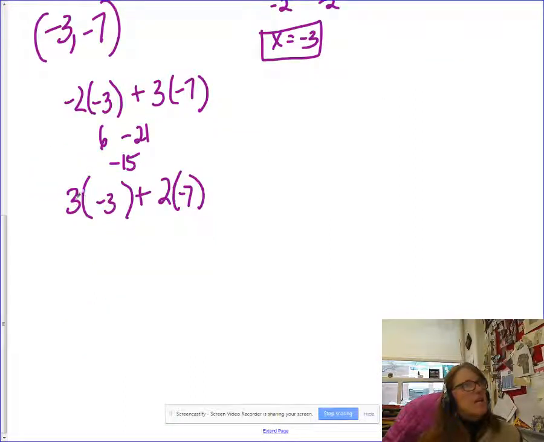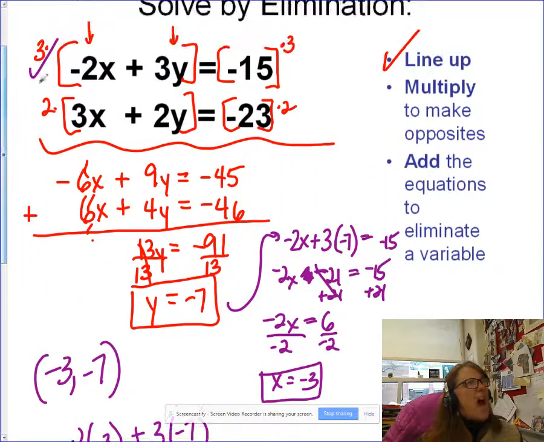Okay, I get this is negative 9. This is negative 14. When you add those together, I get negative 23. Moment of truth. Oh! Woo! Whoa! That was awesome.